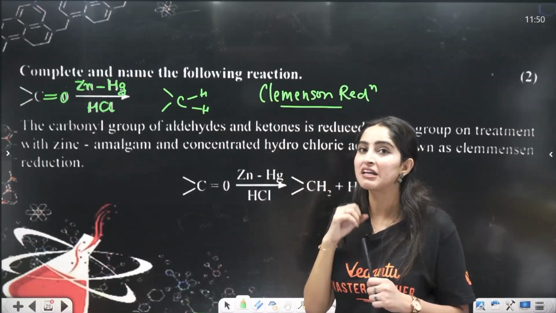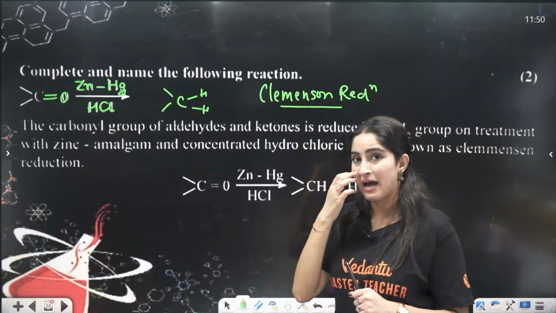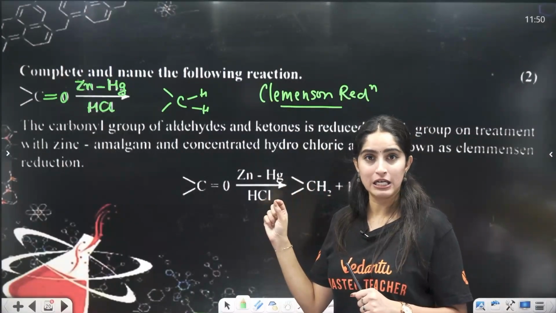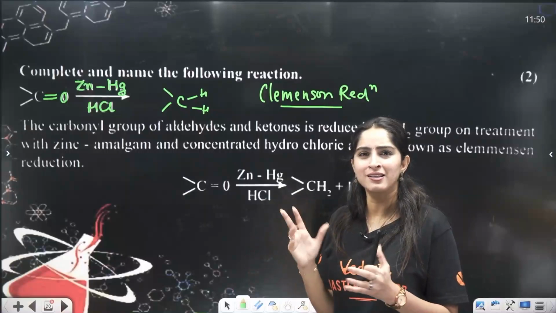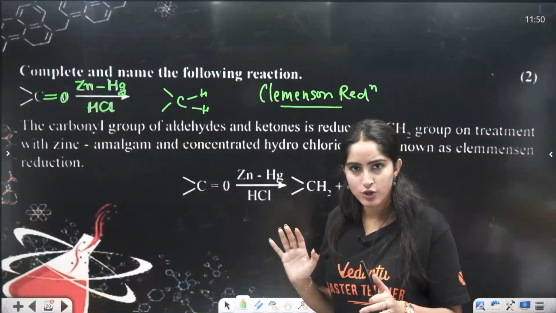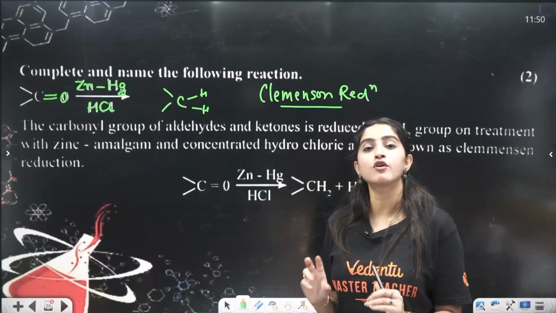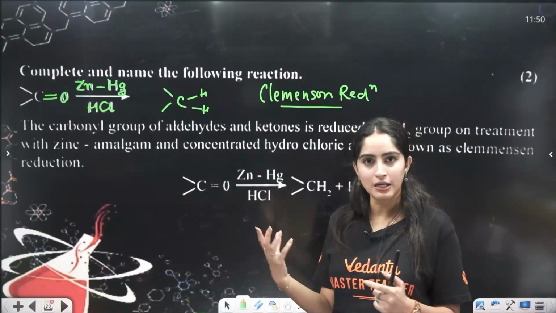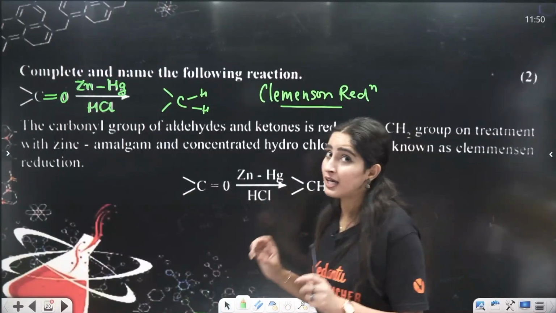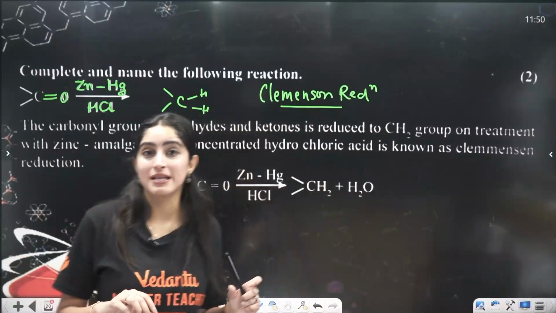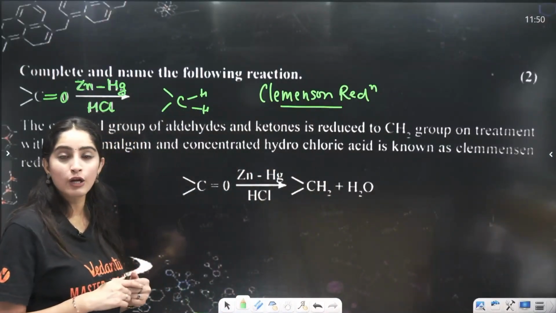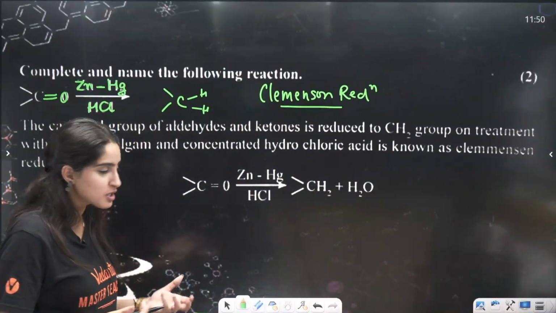Now, how to remember the reagents? You can remember this by Jung Hogi, or you can remember this by any other thing, right? That is totally your choice. ZnHg is your zinc amalgam. Hg means mercury, so we call it zinc amalgam. In the presence of zinc amalgam there will be reduction, and that is called Clemmensen reduction. Okay, they can also ask you Wolff-Kishner reduction.